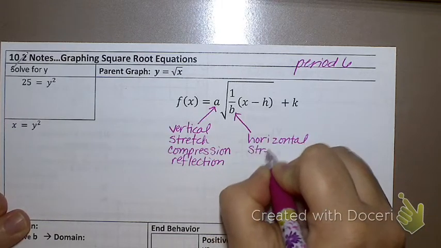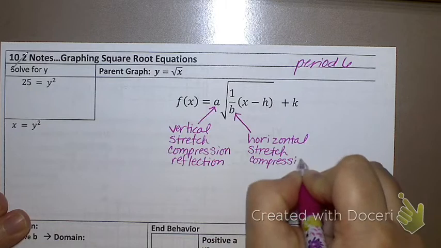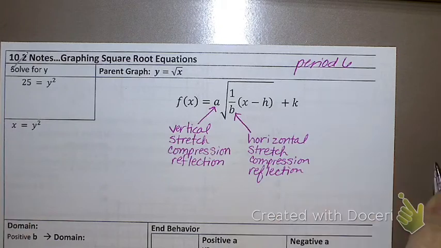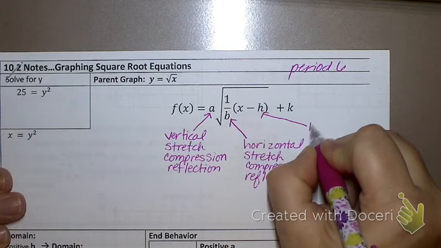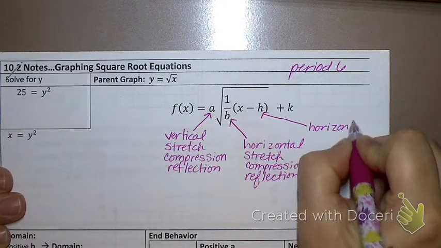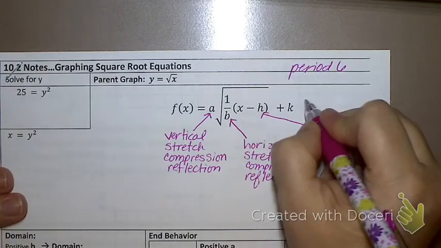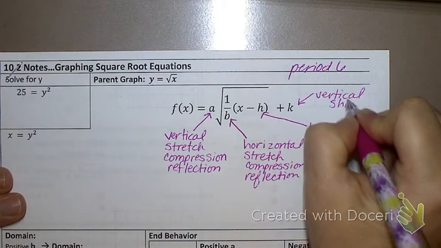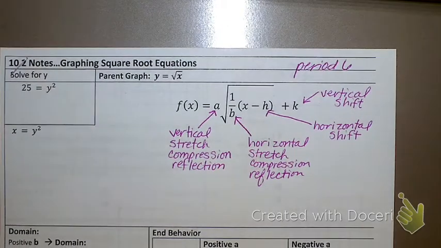Stretch or compression or reflection. H, what's that? Horizontal shift. And K is a vertical shift. So that's either comforting that that's all the same, or it's scary as heck that that's all still the same and you thought you were getting away from it. Okay.